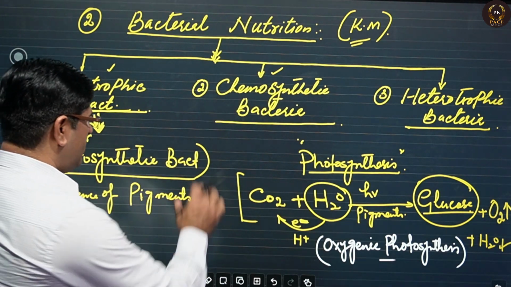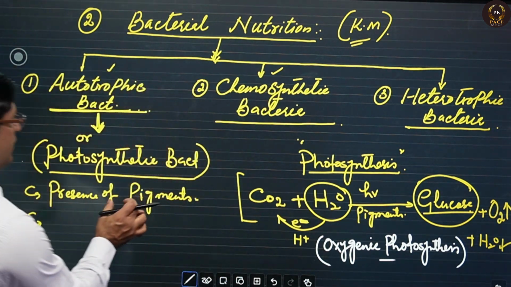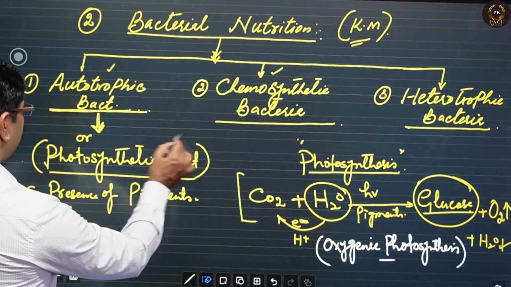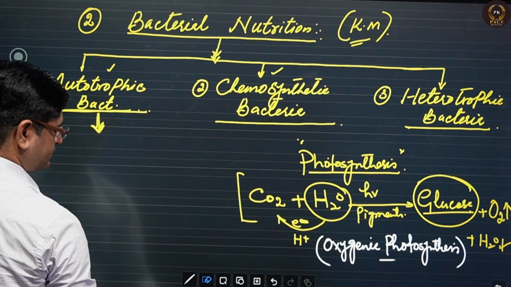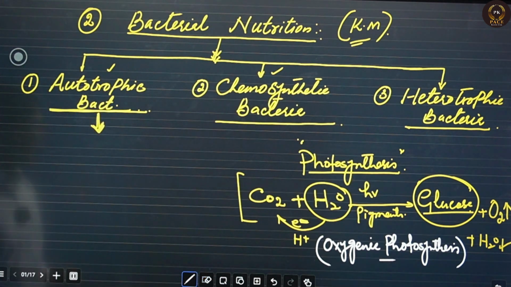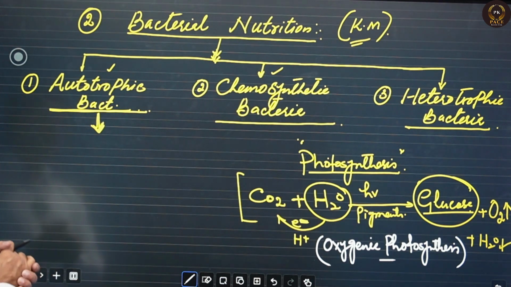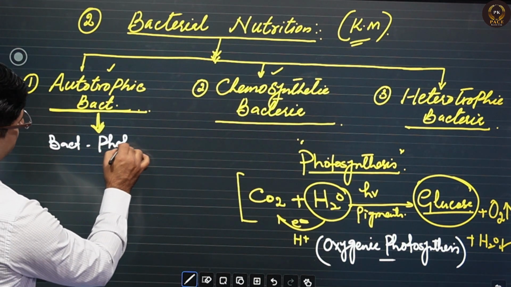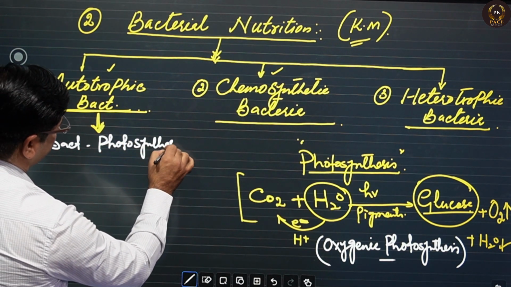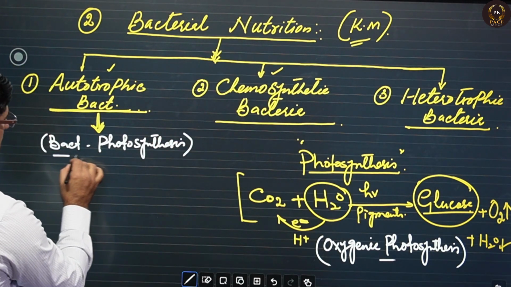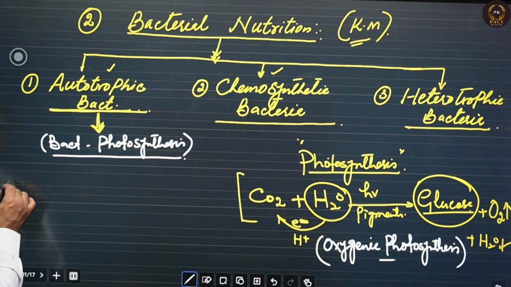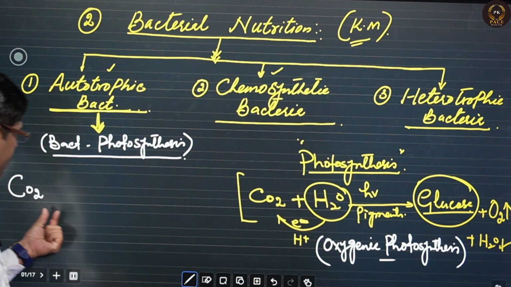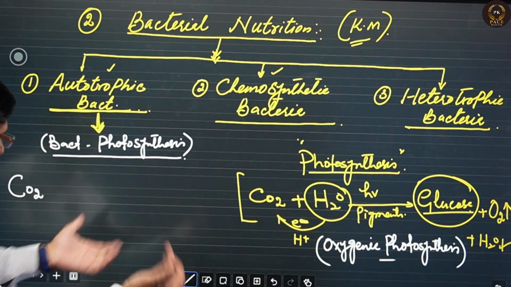Remember this point. Now what is happening in bacterial photosynthesis? In the bacterial autotrophic photosynthesis, how do they do the photosynthesis? In bacteria, they also use carbon dioxide, which also gets reduced.